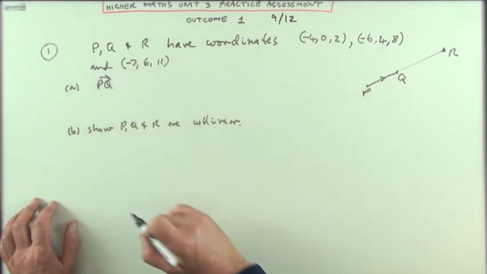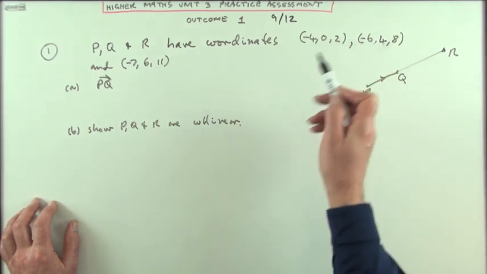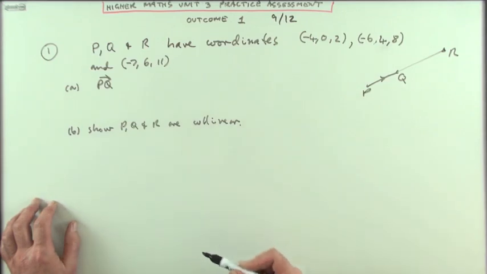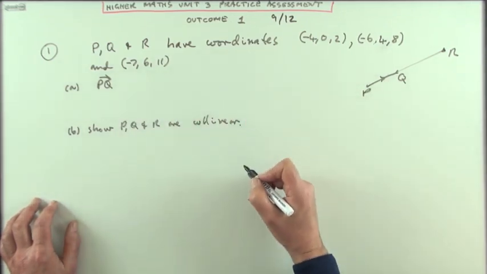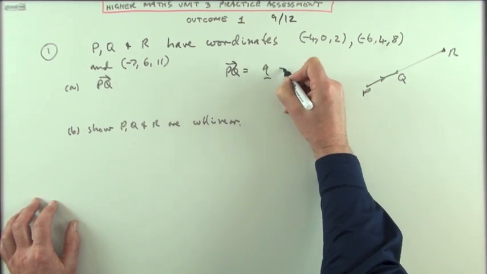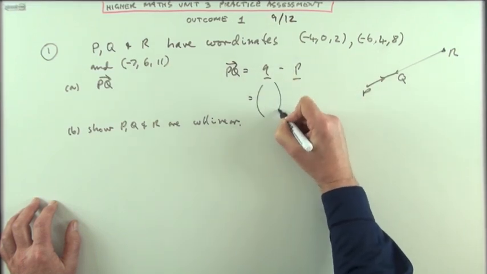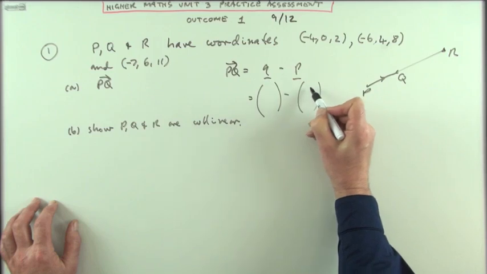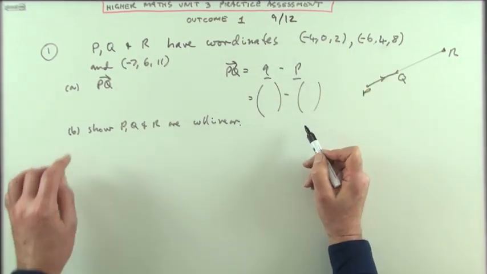Now, you could state that straight away. P to Q, but sometimes when they're all over the place like that, it might be safer to slow down and say, oh no, where to put this? PQ equals Q minus P. This makes you take care to make sure which one's which.